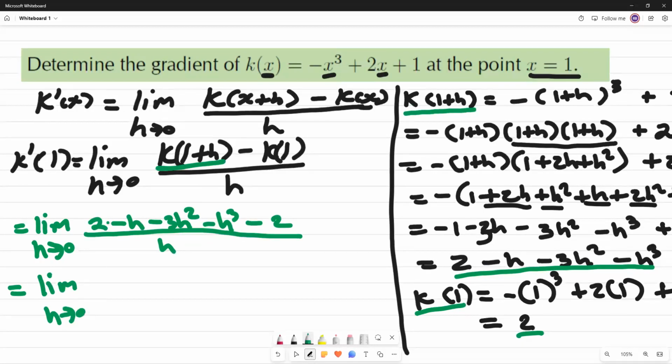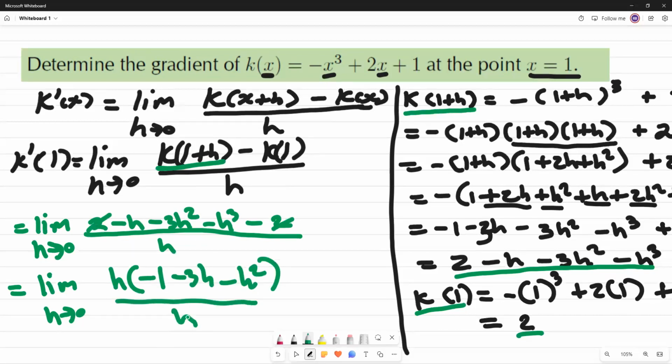You can see that this 2 will cancel with that 2, right? Then you can see that, okay, here we have a common factor of h. You take it out. Here you're left with minus 1. Here you're left with minus 3h. Here you're left with minus h squared all over h. Then this h will cancel with that.